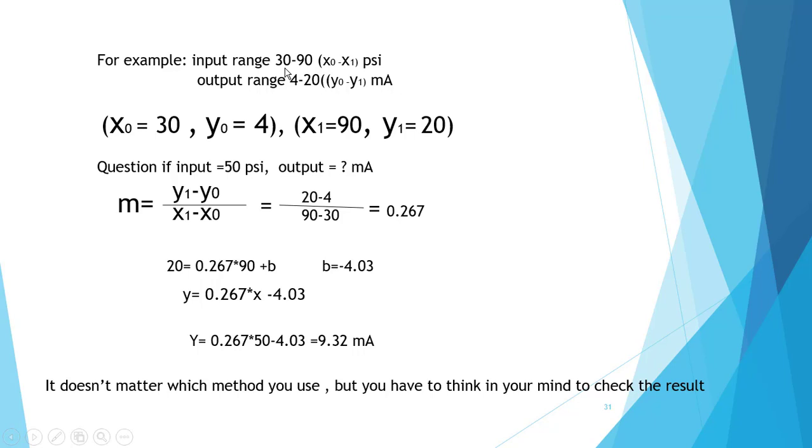This 3 to 90 is from 0 to 100%, so 50% should be 60. So 60 is 50%, and 50% is 12 mA. Since 50 is less than 60, it's 9.32, and the next is 12 mA. So that is okay.